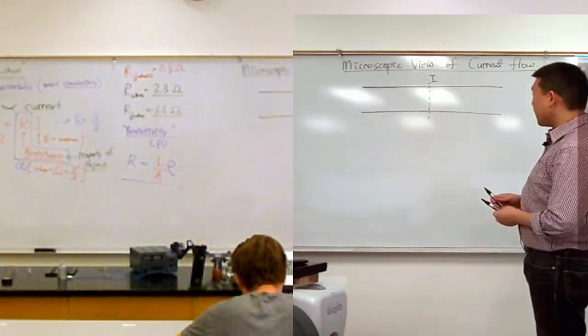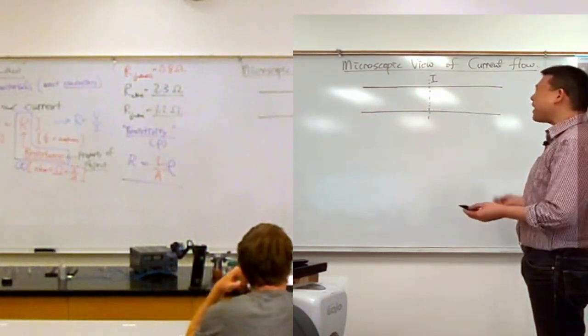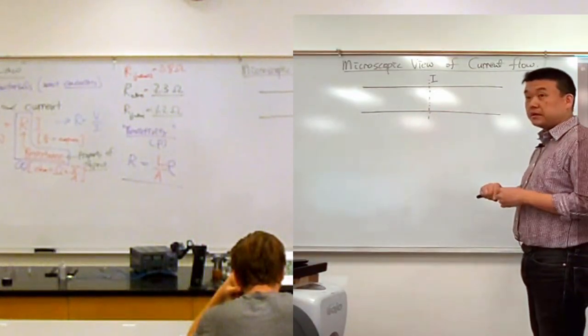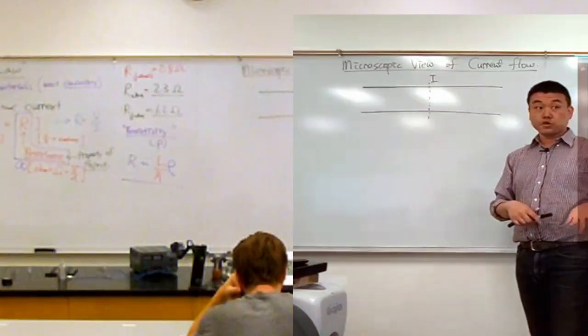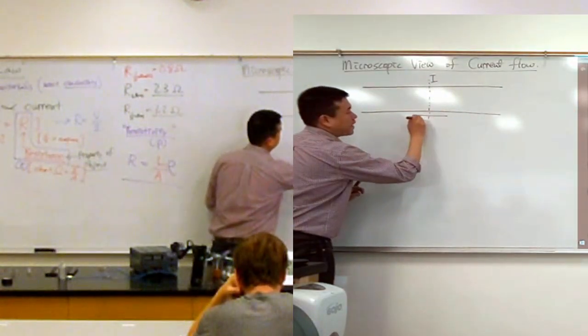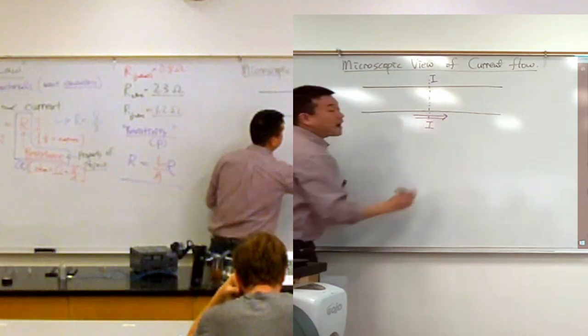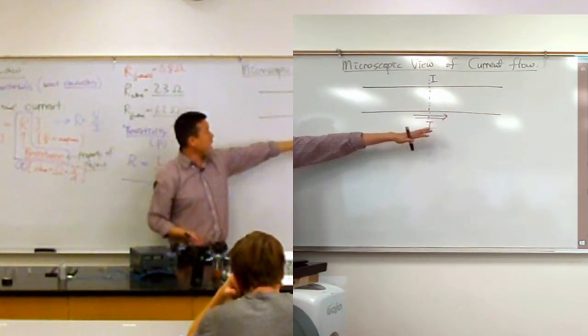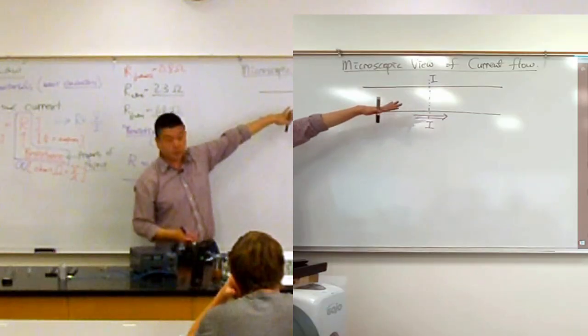Okay? Now what I'm trying to get at is, I want to actually consider the movement of individual charges. So let's say I have current flowing from left to right, some amount I, and I want to describe this in terms of actual makeup of this material.